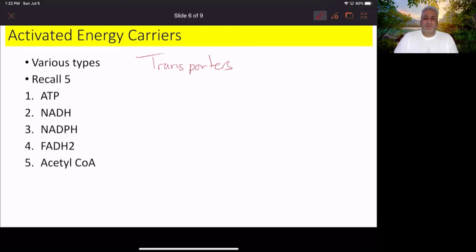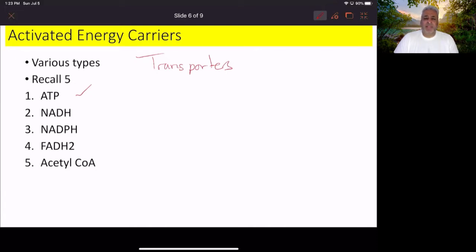Not just electrons or protons can be carried by these specialized activated carriers. They can also carry molecules, high energy molecules. And we have all three types present within our cells in many varieties. In fact, if you look at the most common ones, which are listed here, ATP is present in millions and millions of individual molecules.